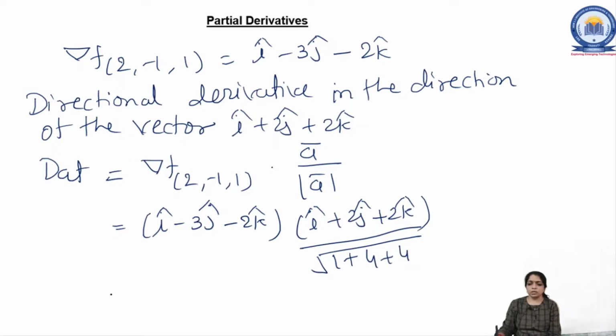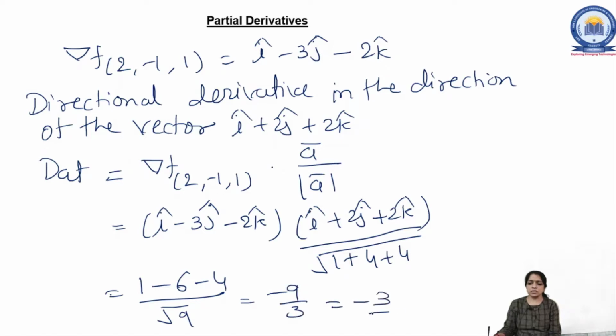So in the denominator, the square root of 9 is 3. In the numerator, the dot product is 1 - 6 - 4, upon the square root of 9. So in the numerator, -9 by 3, so our final answer is -3.